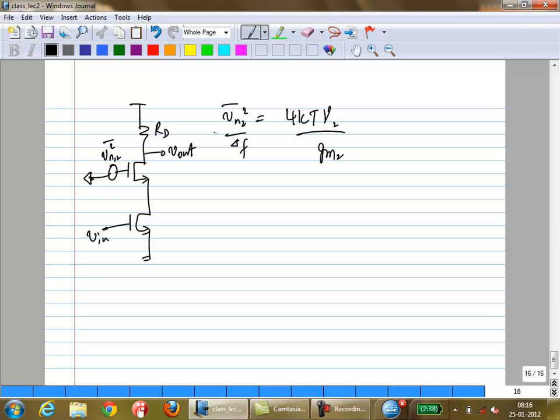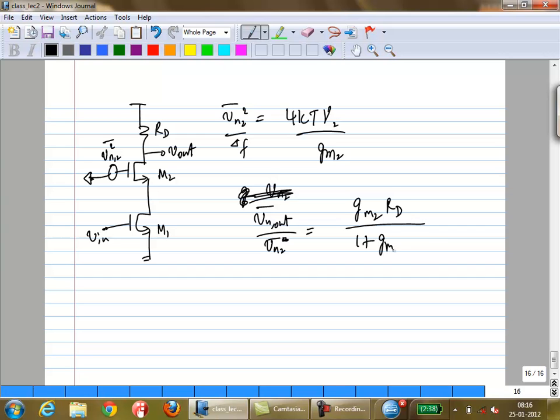Well, you're close, but not correct, but you're close. Okay, so the gain is, this is basically GM2 RD over, correct?